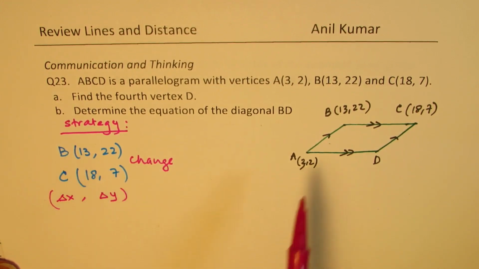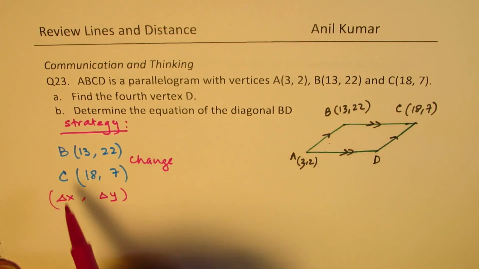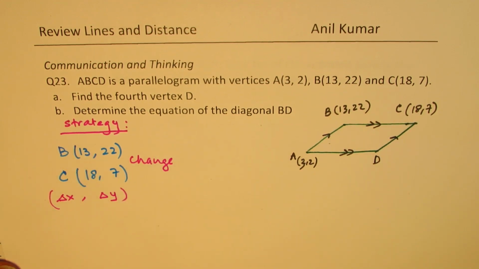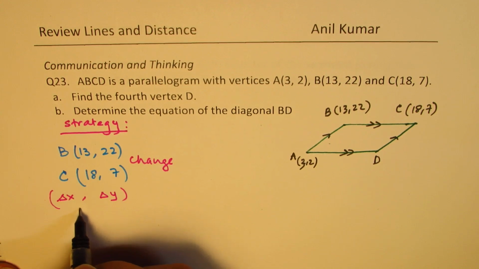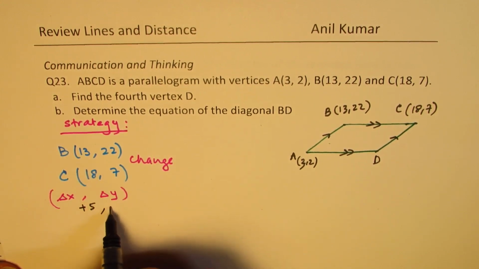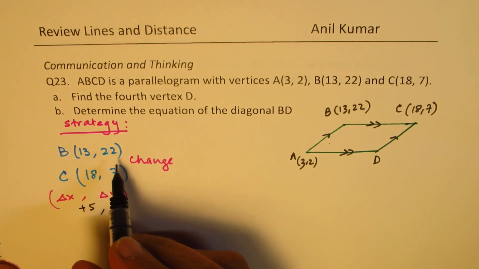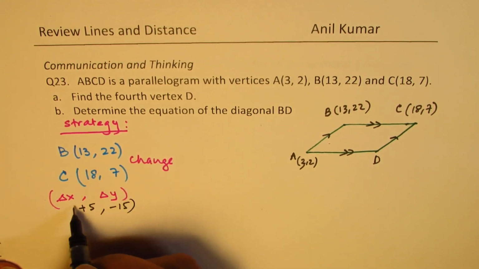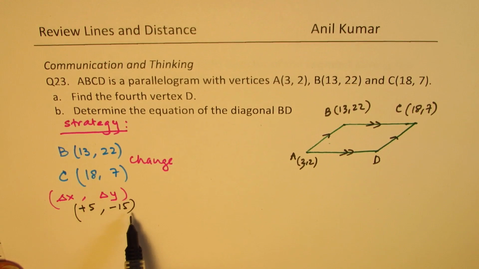So the change is from B to this, let's write down, you're adding 5 to the x value, right? And here you are taking away how much? 15, correct? So that is the change. Do you see that?